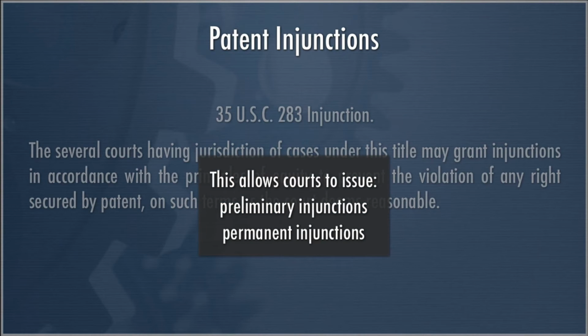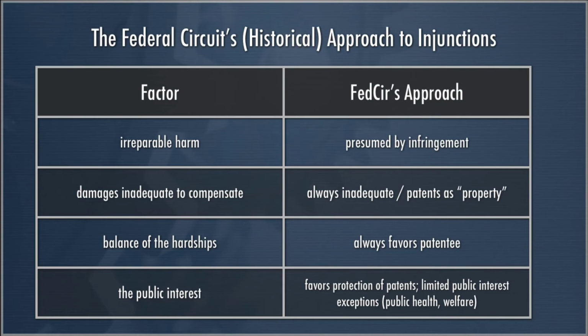So this allows both preliminary and permanent injunctions, right? We talked about preliminary before. And this is the historical approach that the Federal Circuit has taken towards injunctions. You'll probably remember from civil procedure, or maybe if you've taken a remedies class, the 4-factor approach to injunctive relief.